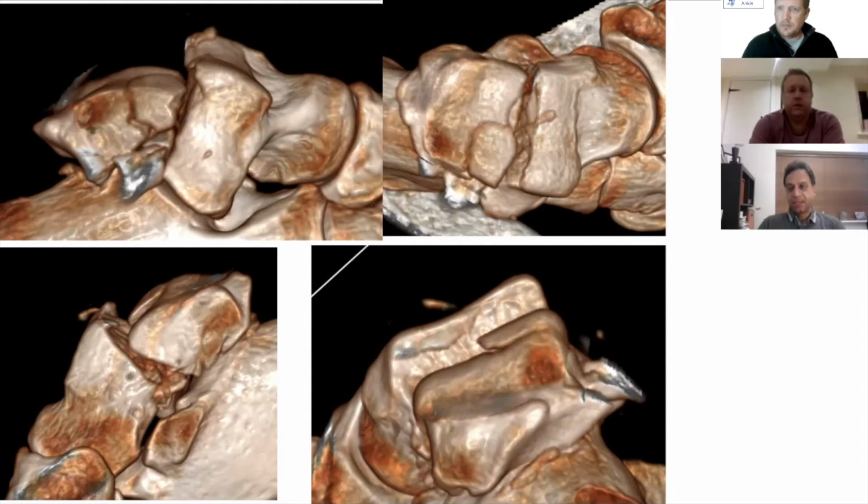No, it's never very good, is it? Yeah, same here. The approach we're describing actually gives a lot more of the talus exposure, without the hassle of doing the fibular osteotomy and taking it down, and getting into the joint becomes a big faff. Yeah, I agree.